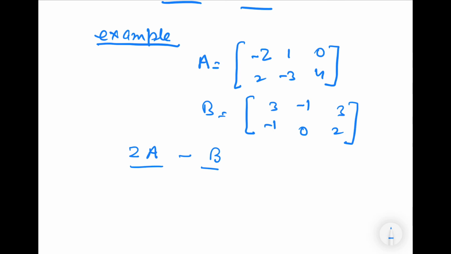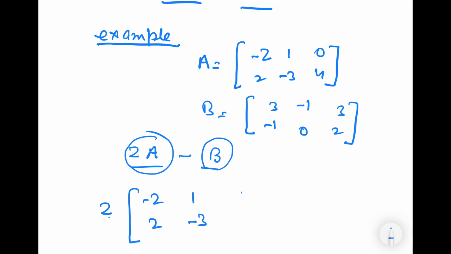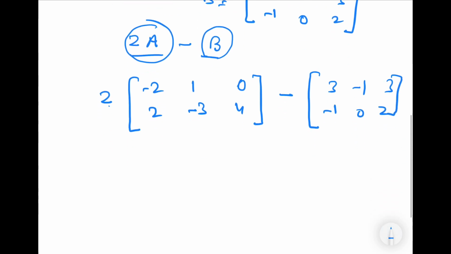See, we multiply the matrix A by 2 and then subtract the matrix B. So, 2 multiplied by this matrix A, minus 2, 2, 1, minus 3, 0, 4, minus B, 3, minus 1, minus 1, 0, 3, 2. This is 2A minus B.